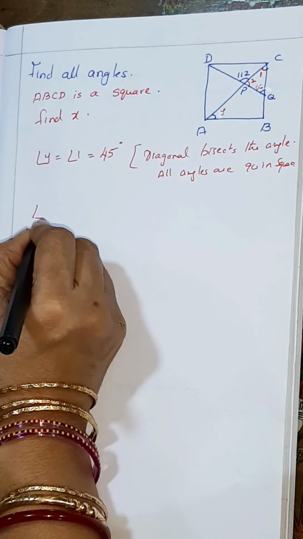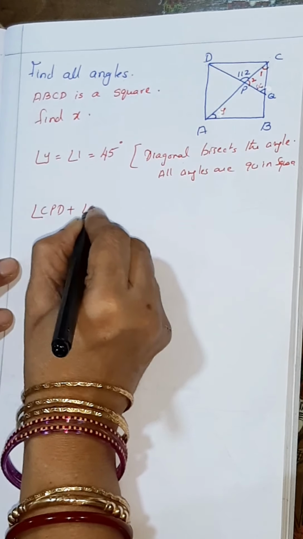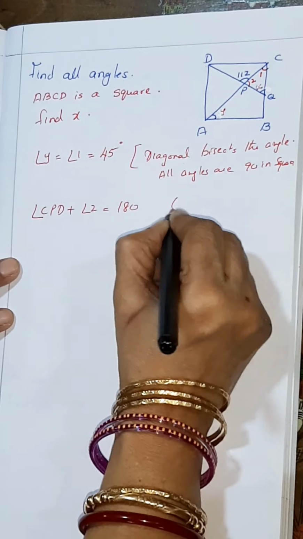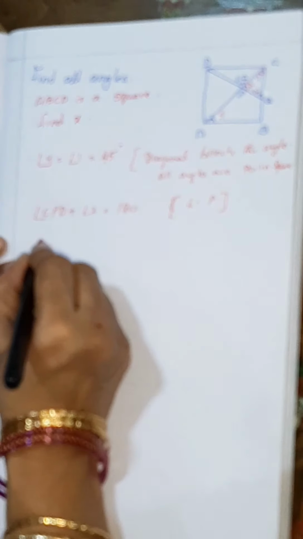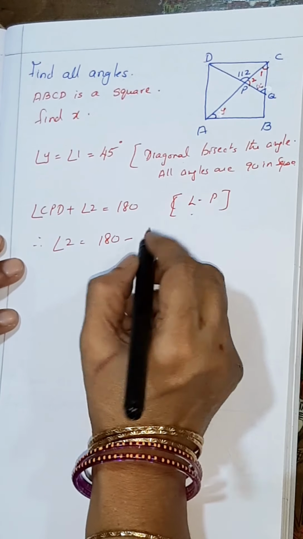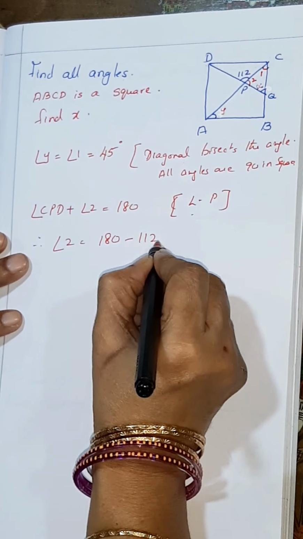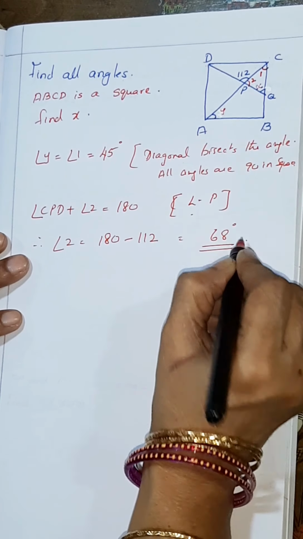So angle DPC plus angle 2 is equal to 180. It is a linear pair. Therefore angle 2 is equal to 180 minus 112, 68 degrees.